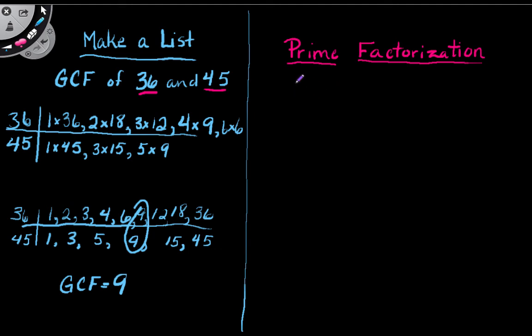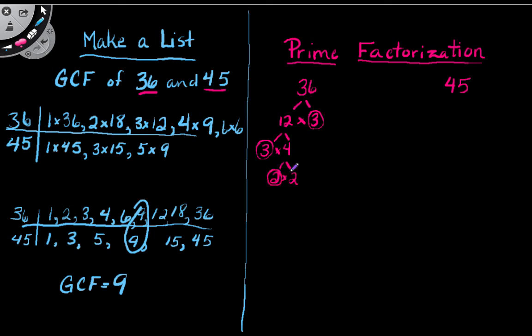Now we're going to find the GCF of those numbers using prime factorization. So we're going to make our factor trees of 36 and 45. 36 can be broken down into 12 times 3. And 3 is prime, but 12 can be broken into 3 times 4. 3 is prime, but 4 can be broken down into 2 times 2.